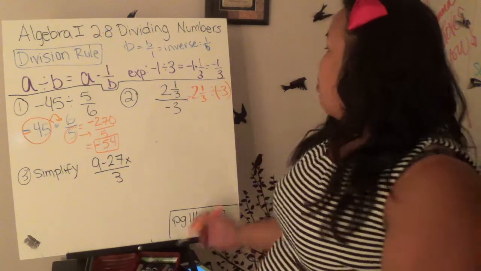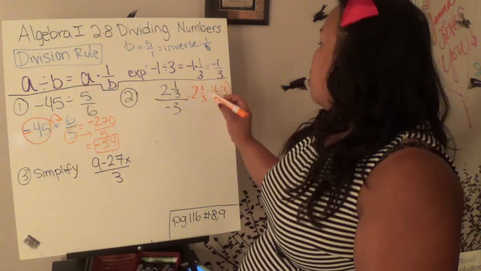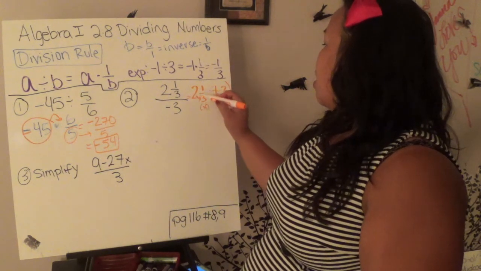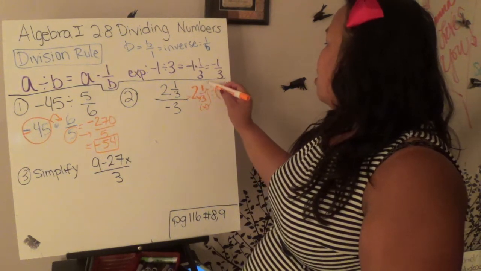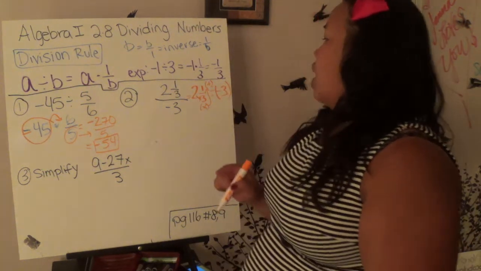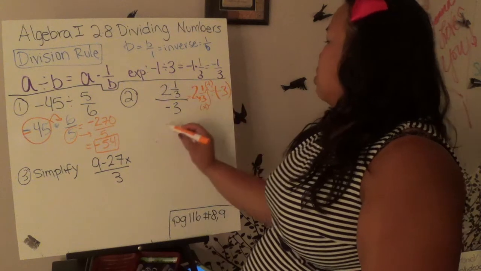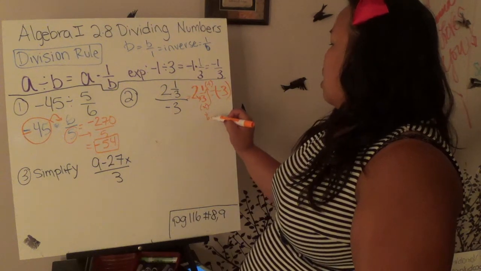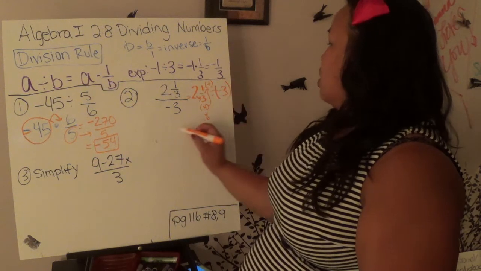To find an improper fraction, I'm basically going to multiply by the bottom and add it to the top. So that means 2 times 3 is 6, okay, so this equals 6, and I'm going to add it to 1, which is 7.